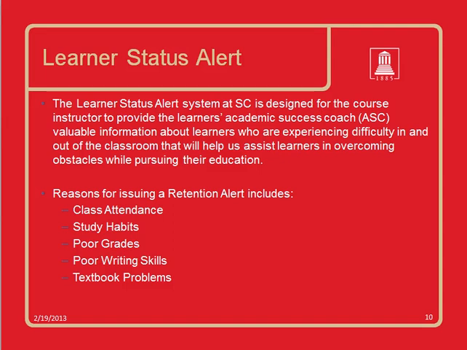Some reasons are class attendance, poor grades, if you're not turning in work, if you haven't received your textbook, if you're struggling with writing, things like that. When we receive that, we try to contact you, to see if there's anything we can do to assist you. It's not a mark against you. It's just for us to be aware that you may need some extra assistance to be successful.